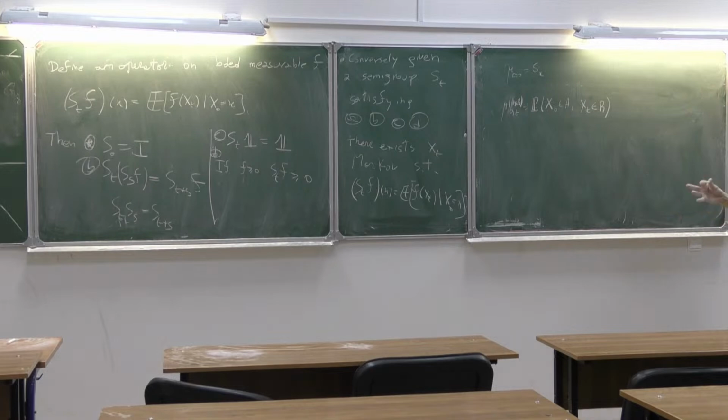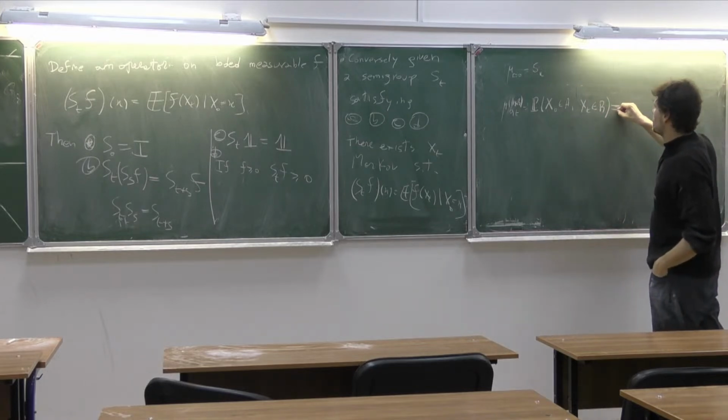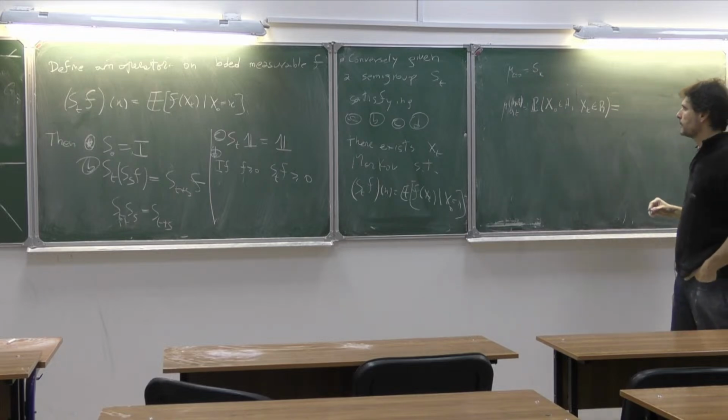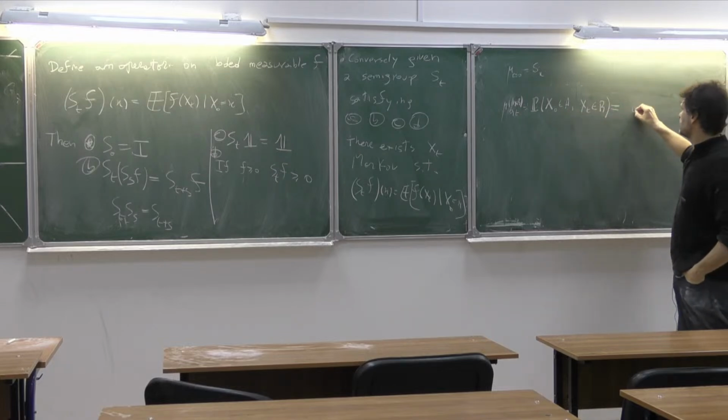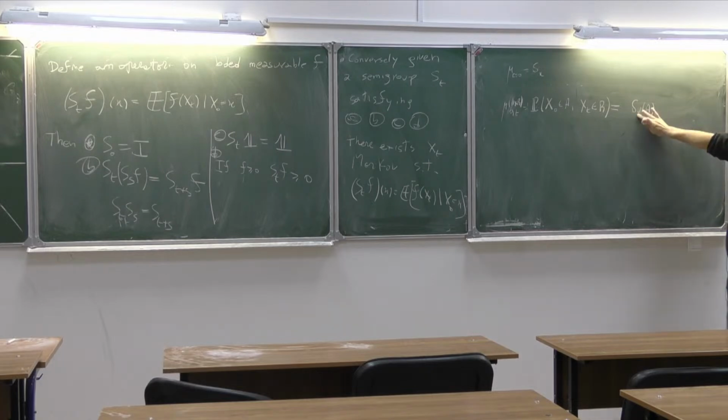I have the semigroup. These I have to define, but it wants to be distinct. Of course, this is just one if the initial point is in A or not, and then I apply S_t to 1_B, at X. I'm right.